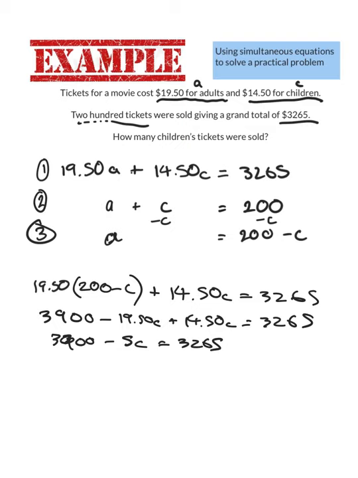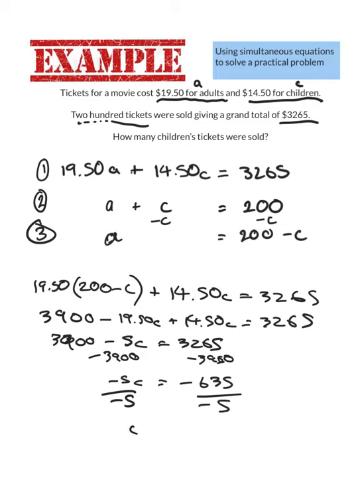Then remember we need to get C on its own, so we're going to subtract 3,900 from each side, which is going to give us negative 5C equals negative 635. Next, divide by negative 5 on each side.